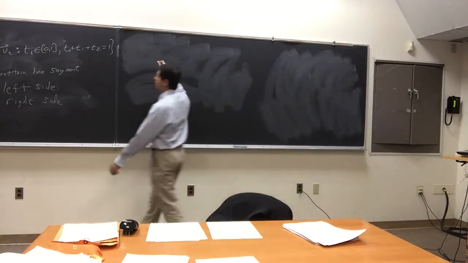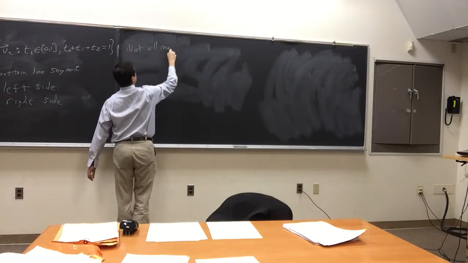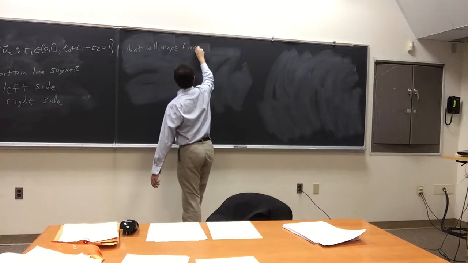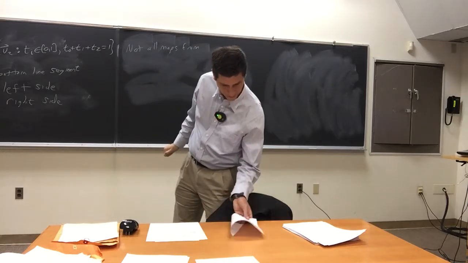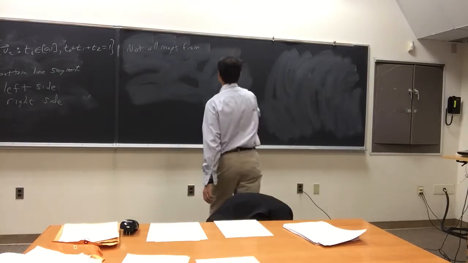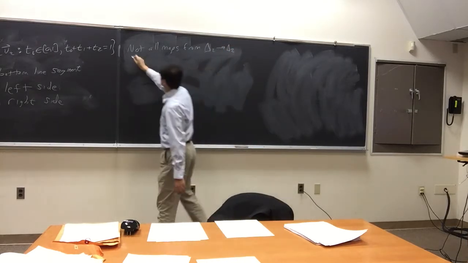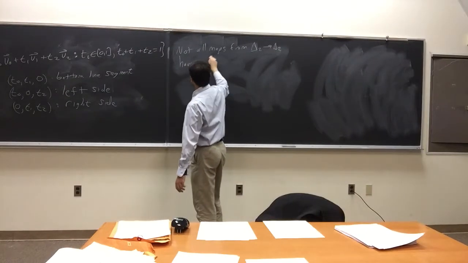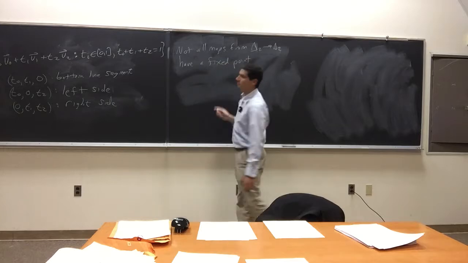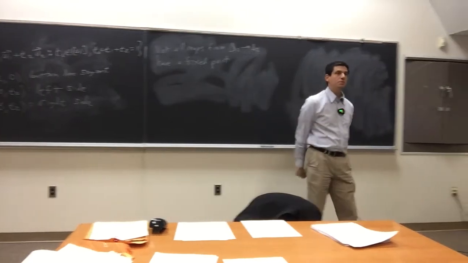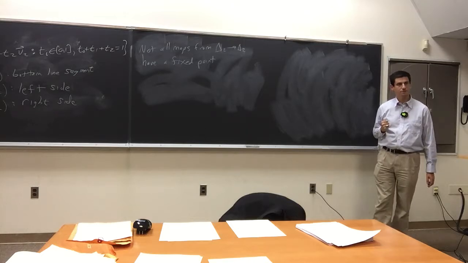Right. So not all maps from, I think the notation is delta 2 to delta 2, have a fixed point. So give me an example of a map that does not have a fixed point.